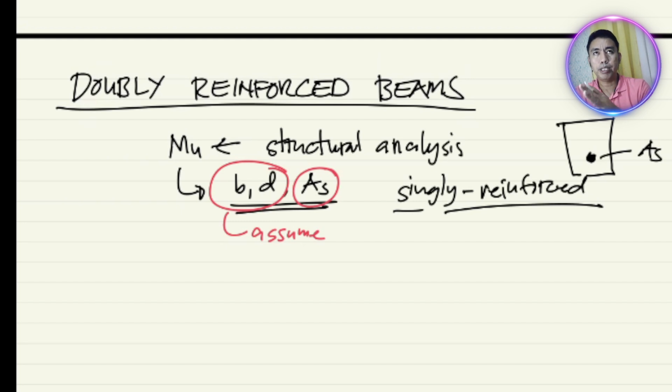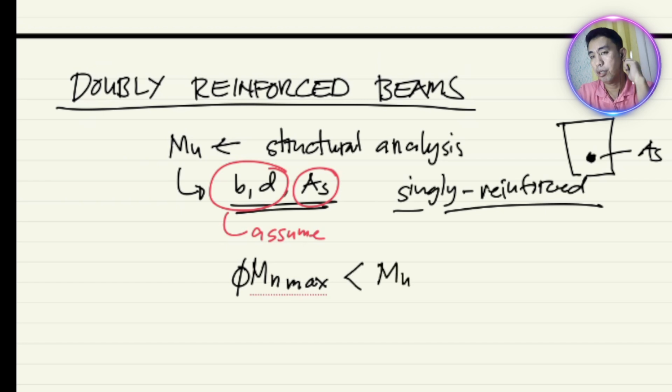Now once we have the assumption and then we solve the AS, now if mag-turn out na ang capacity ng section natin, or we say phi Mn max, maximum capacity ng section is less than MU, meaning hindi niya kaya yung MU.